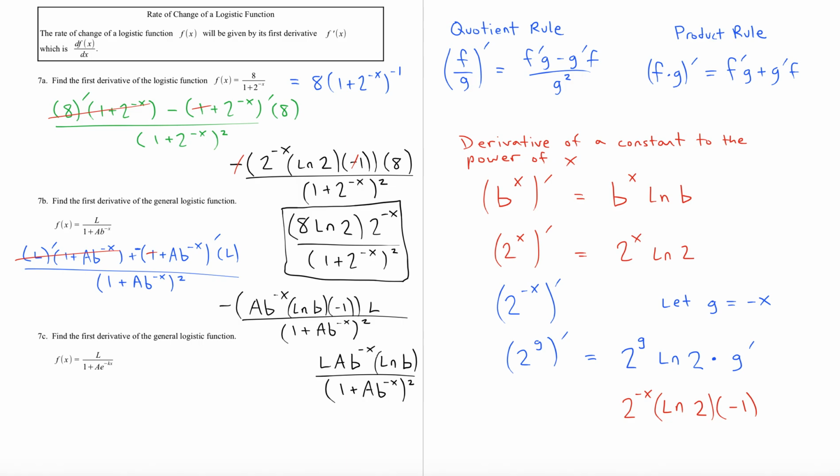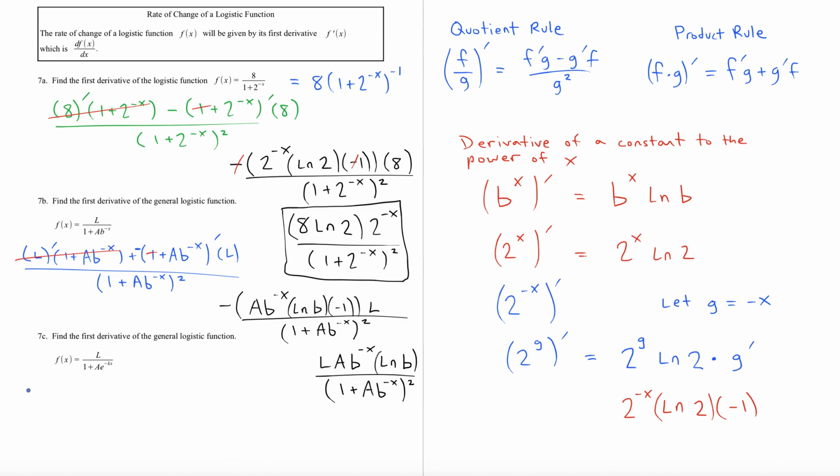Okay, so one more. Can we find the derivative of the general logistic function when we have L over 1 plus AE to the negative kx? That one's going to be tricky. Let's see. I'll do quotient rule yet again.